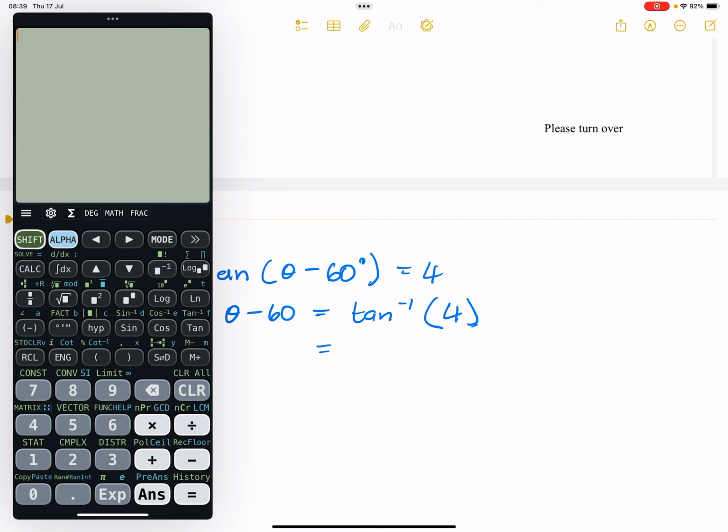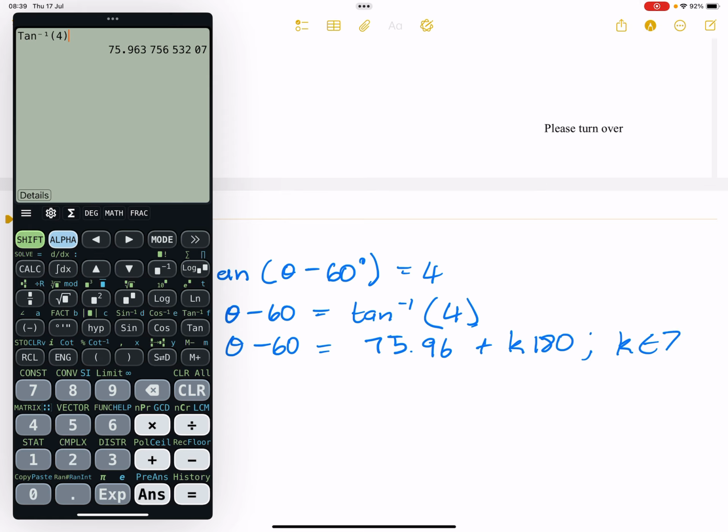So shift tan of 4 degrees gives us 75.96 degrees. So theta minus 60 would be this value plus k 180, where k is an element of integers.